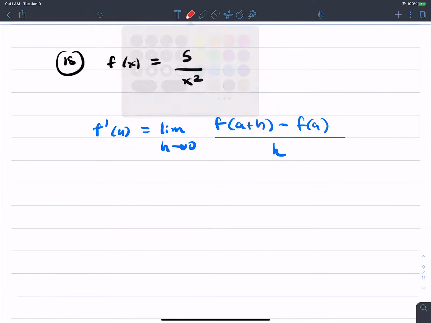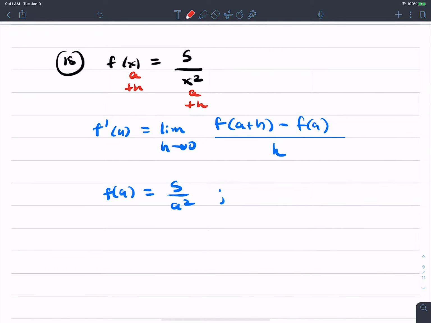So you're going to plug in here a, like we've been doing. F of a gives you 5 over a squared. Plug in a, this is plus h, I get f of a plus h is 5 over a plus h squared.